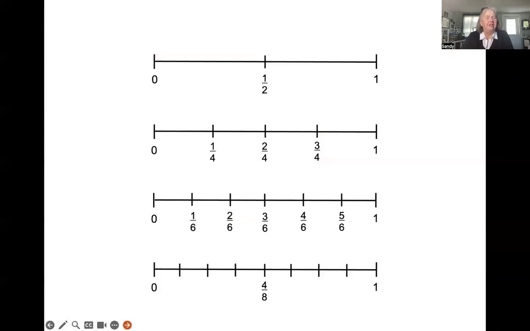I have also shared a video where we've looked at fractions on a number line and different ways to look at equivalency by looking at how we name the same location.